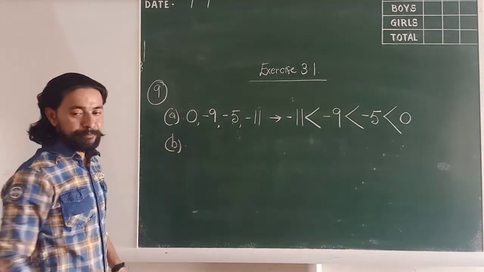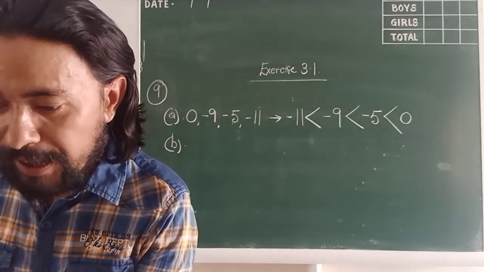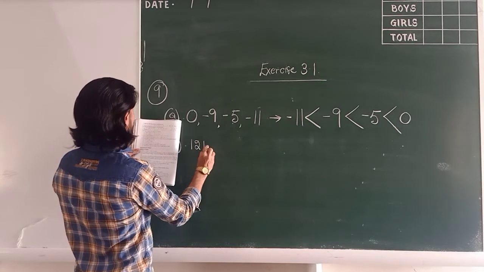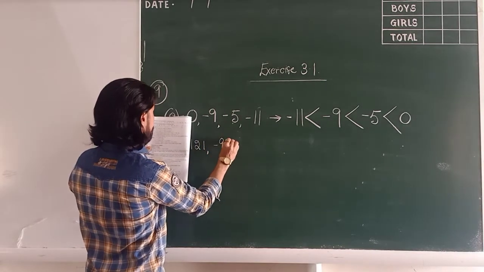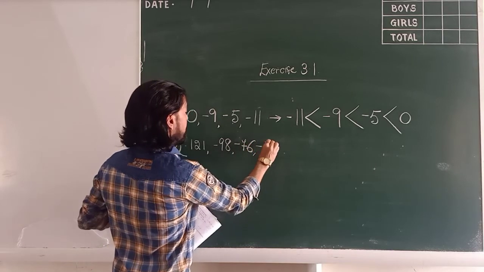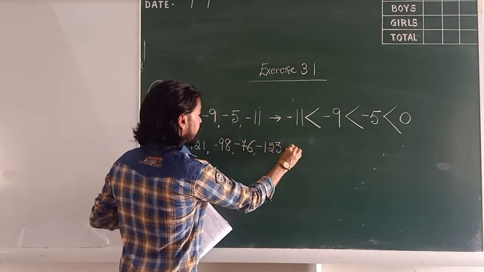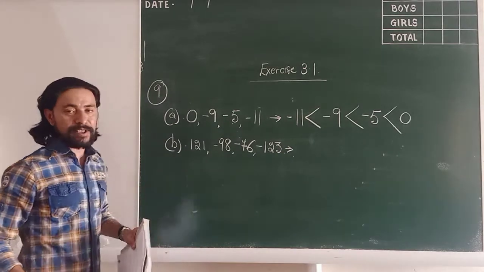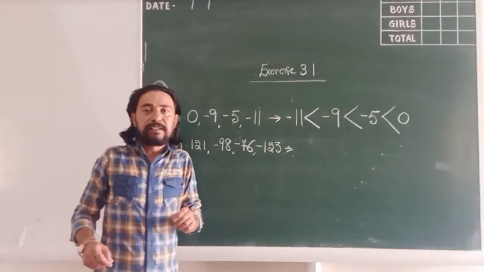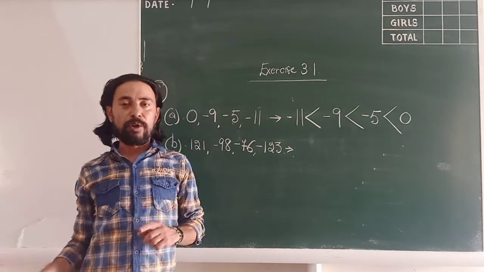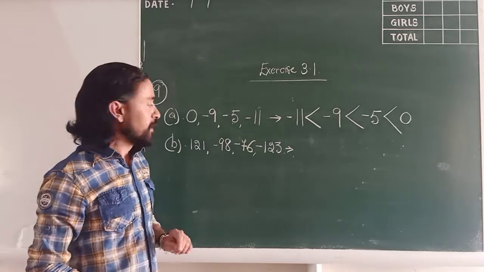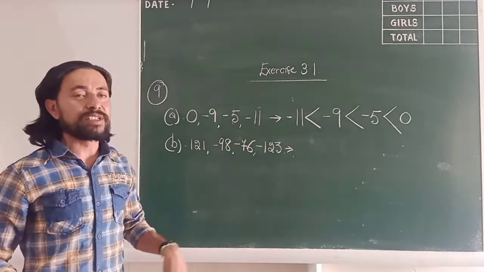Part B. Part B, I have 121, I have minus 98, I have minus 76 and I have minus 123. Now I have 3 negative integers and 1 positive integer. And as I have told you, the rule is fixed. All negative integers are smaller than positive integers and all positive integers are greater than negative integers. So amongst all of them, the positive number will be the greatest.